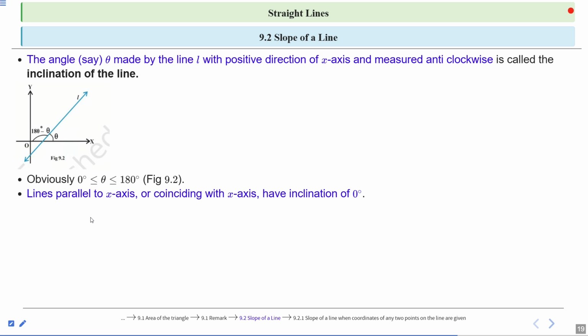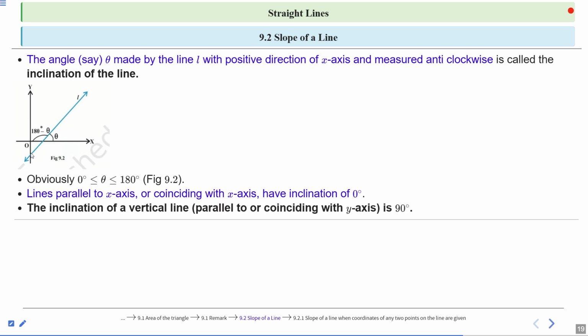Now see lines parallel to x-axis. The lines which are parallel to x-axis or coinciding with x-axis have inclination of 0. So if we have a line which is parallel to x-axis, or if the line coincides with x-axis, then we always obtain inclination of that line as 0 degree.